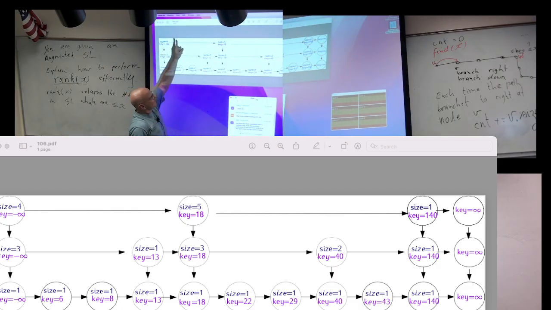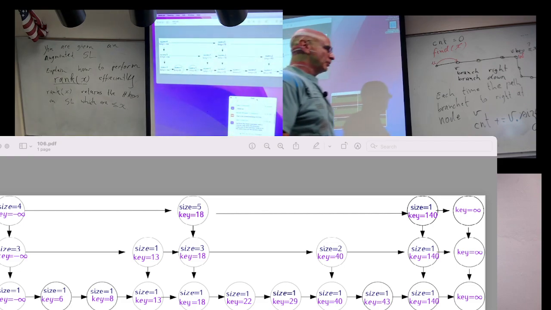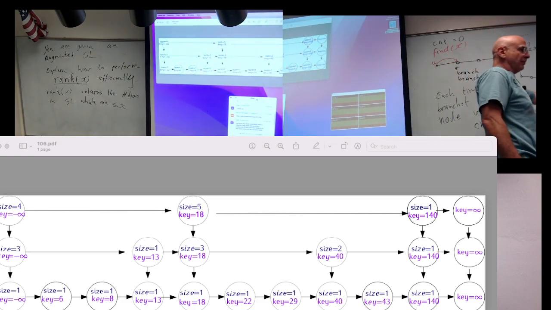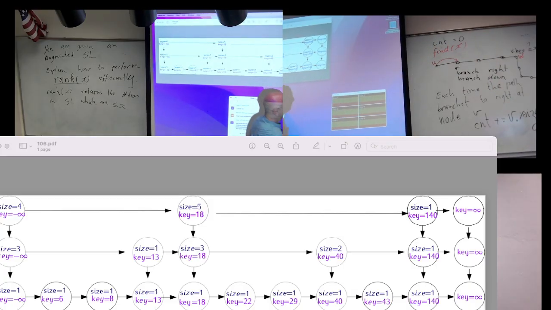So if during the find I branch to the right at this node, it means I know over how many nodes I skipped, and they are added into the count. And do it every time that I'm going to the right anywhere along this path, and just return count at the end.